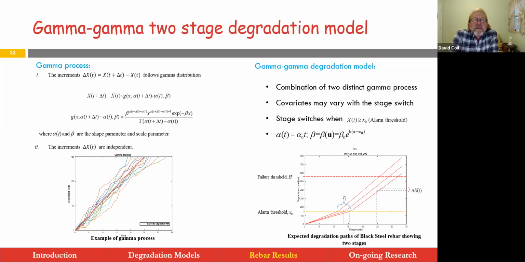In other words, does the crack size and the chloride influence the alpha parameter or the beta parameter? And we tried different possibilities, and the expected value, the expected degradation amount, is alpha T divided by beta. So you could put it either place. It won't influence the expected value, but it influences the variance.